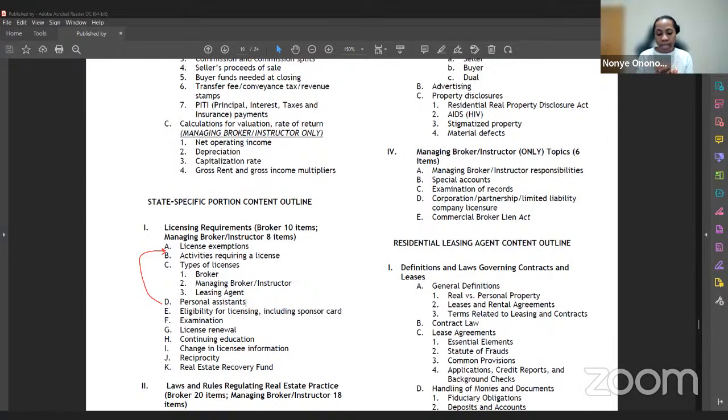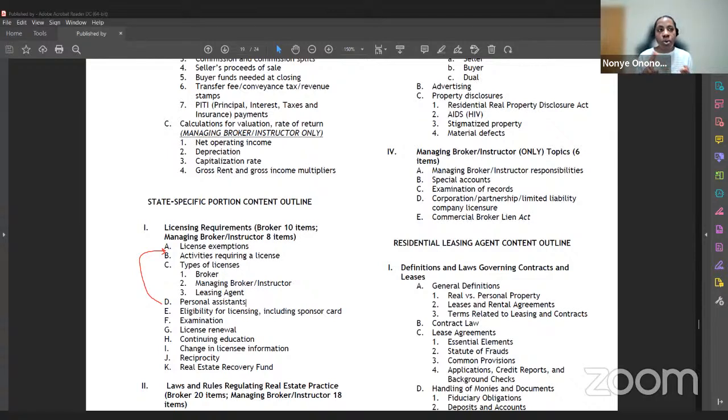For the broker license, if you remember in your coursework, they tell you that you have the 75 hours that you must complete for the initial class, the one that you guys are taking. Then before your first renewal, you have to complete 45 hours. So 75 plus 45 is 120.